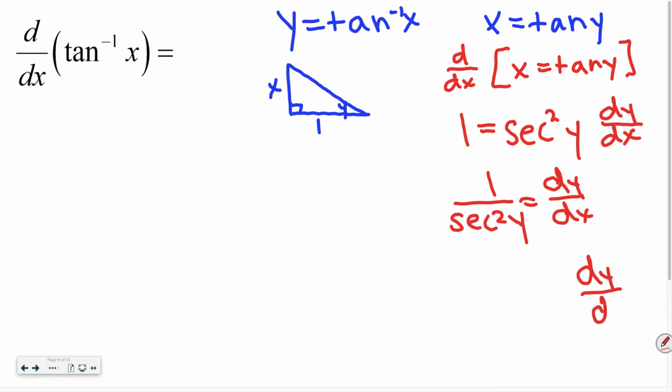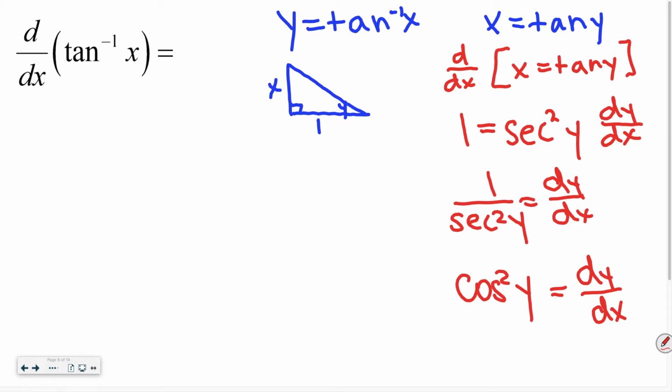Cosine squared y is the same thing as 1 over secant squared y. Okay? All right, well, that's not really helpful because it has a y in it.